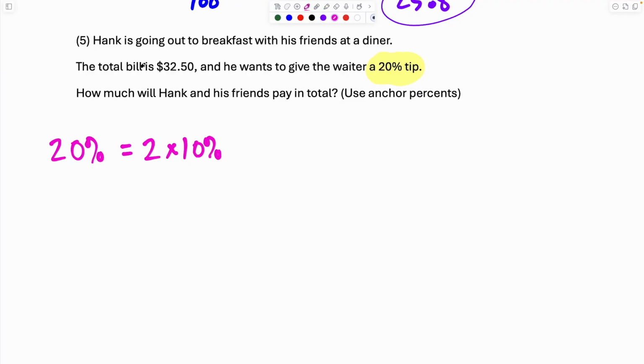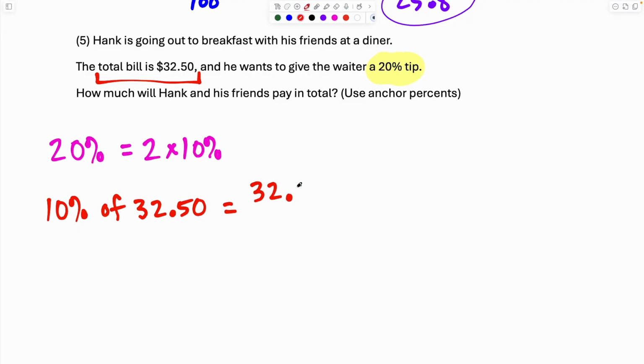First, we're going to take the total bill here, $32.50. And for this, I'll just write 32.50, and we're going to find 10% of that. When you want to find 10%, you're just going to divide the number here by 10. And for the mental math, if you struggle with dividing decimals like this, what you could just think about is the decimal place.